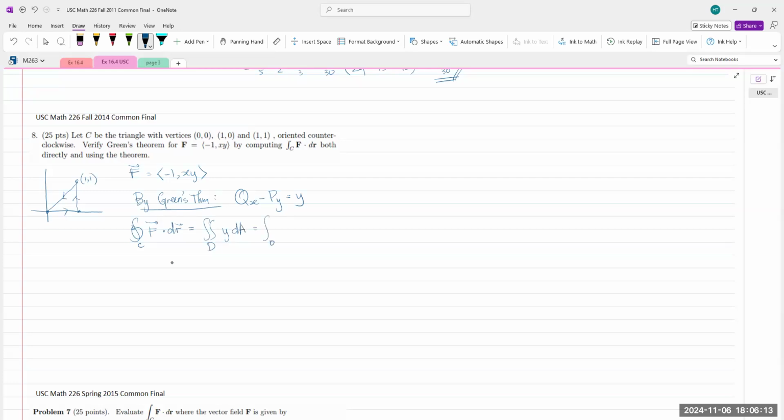That is the integral from 0 to 1, integral from 0 to x, y dy dx, which is the integral from 0 to 1 of 1/2 x squared dx. That's 1/6.